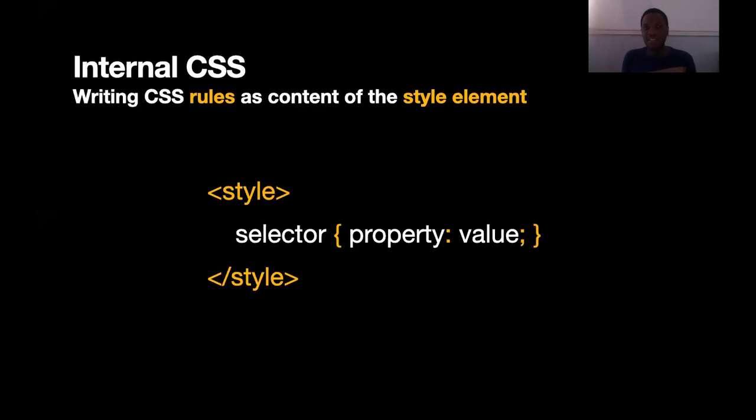Now we are taking our CSS, or our style declarations, outside of the HTML elements. That's why we need a selector, so that we can specify which of the elements we want these styles to be added to, right? So internal CSS involves writing CSS rules as content of the style element.